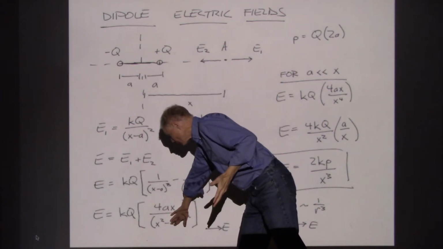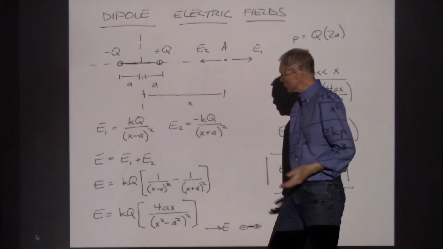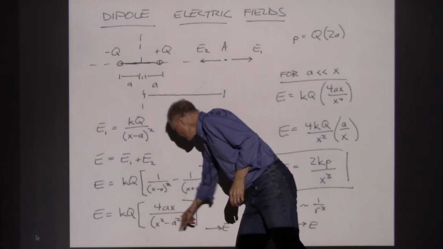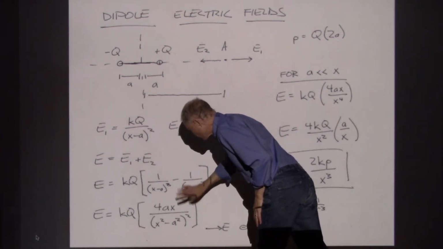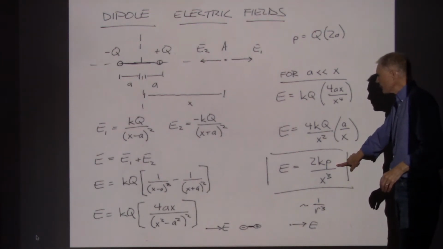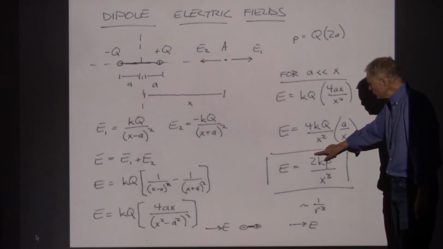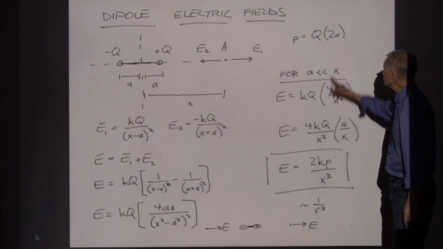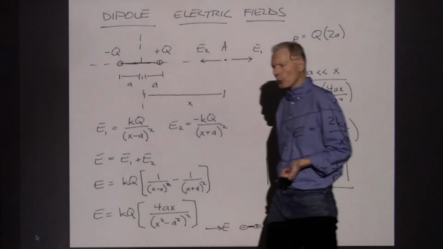In fact, it's squared, so it's going to be super small. I'm just going to keep the X squared. Now, the X squared is inside another square. That's 4 powers of X. And that says that when I look far away from this dipole, the electric field is 2K times the dipole, which is just a fixed bunch of quantities, divided by X to the third.